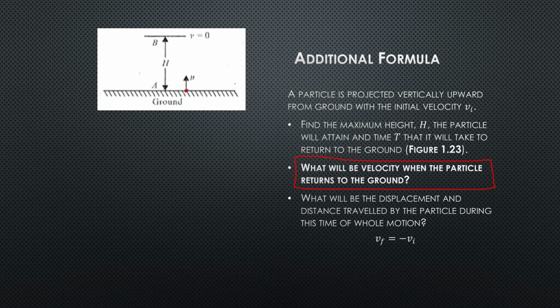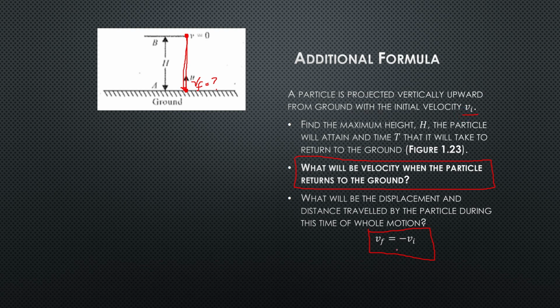So it goes from initial, reaches the highest peak or maximum height, then returns to the ground. The final velocity is unknown, that's the question. Now the answer would be this one: the final velocity will be the negative of the initial velocity when it was thrown vertically upward.